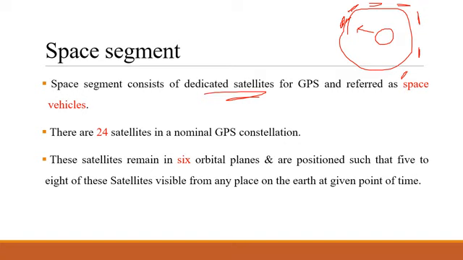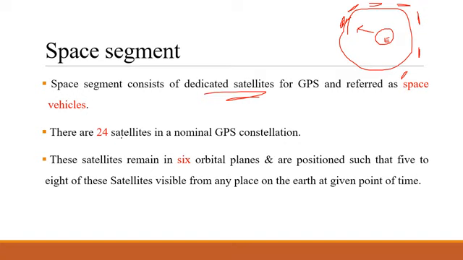So the space segment: the area above the Earth is known as space, and the constellation of satellites is known as space vehicles. The vehicles or satellites which are used for the purpose of a GPS system are known as space vehicles or GPS satellites.